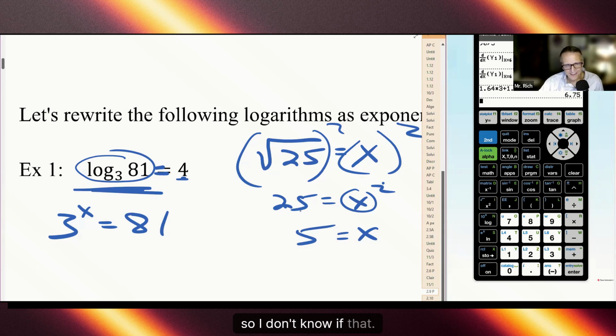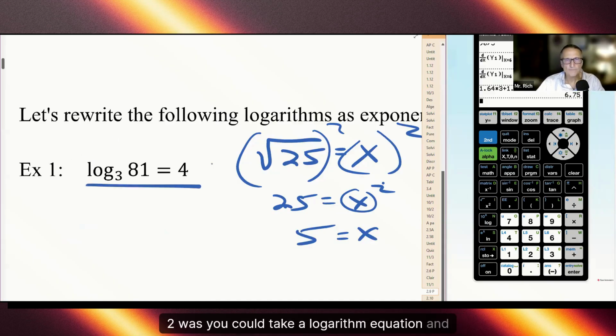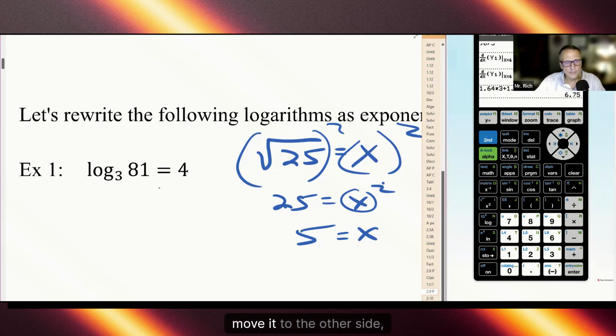Here's the thing that you did learn in Algebra 2. Your teacher told you that you could take a logarithm equation and convert it to an exponential equation. They told you to take the base of the logarithm, because all logarithms have bases, move it to the other side, and it becomes the base of the exponent.